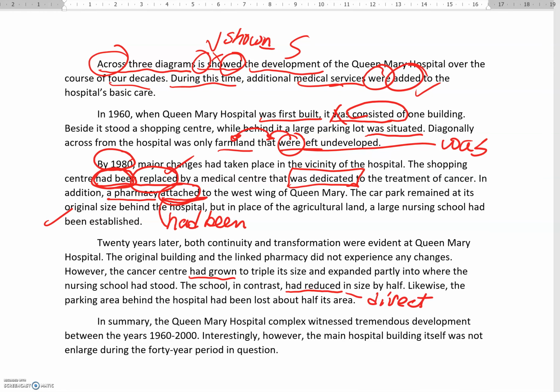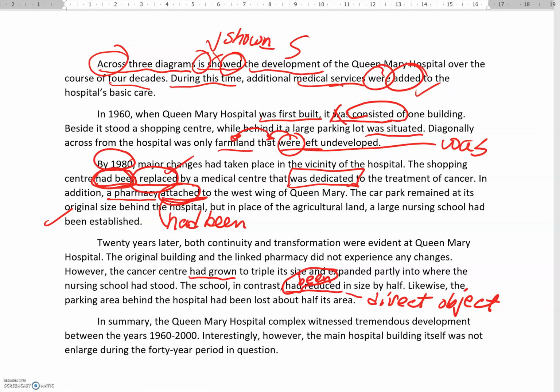When you use the verb reduce in the active voice, you expect an answer of reduce what? But we don't have a direct object here. And so this also points us towards the passive voice. The school had been, the verb to be in the past perfect, had been reduced in size by half. So that's not quite right when we use it in the active voice.